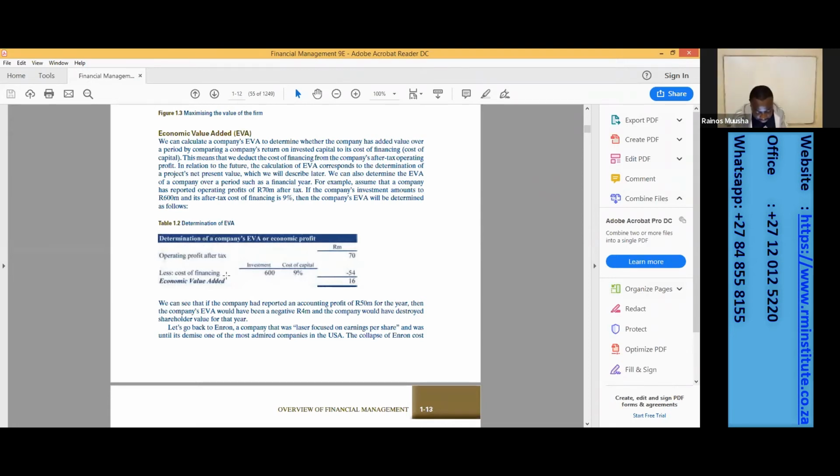How this links with the goal of the firm being to maximize shareholders' wealth is that you're going to be calculating the economic value added for each period. Then when you discount this economic value added over the life of the project, you're able to find the value of the firm.